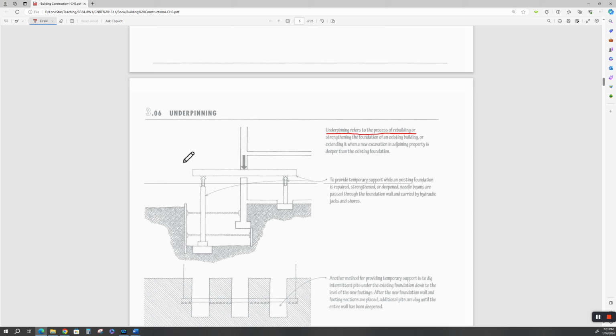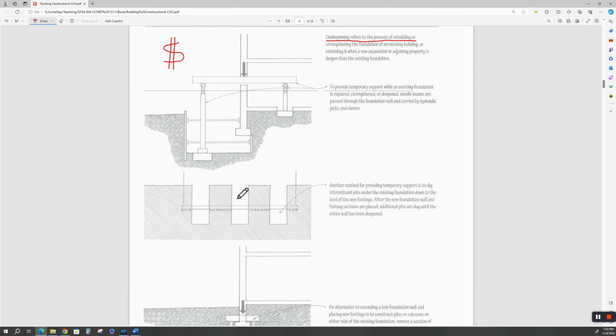This kind of work is extremely expensive, very expensive. You want to avoid this at all cost, okay? That's what underpinning is.